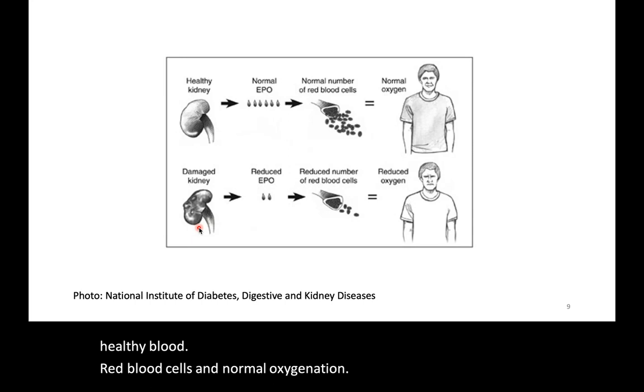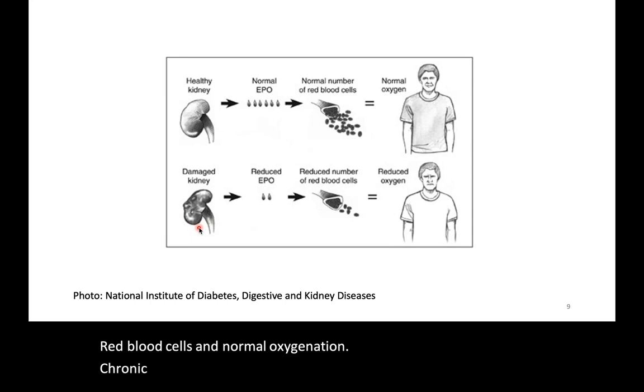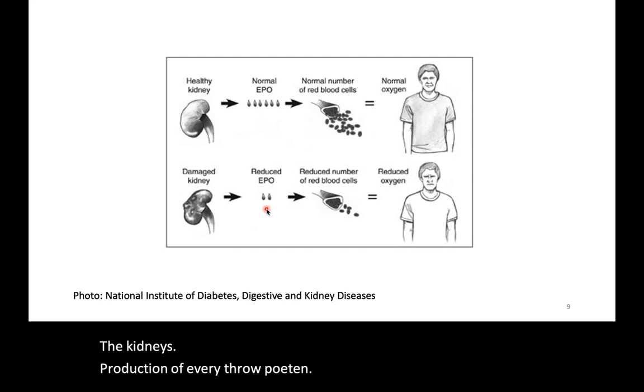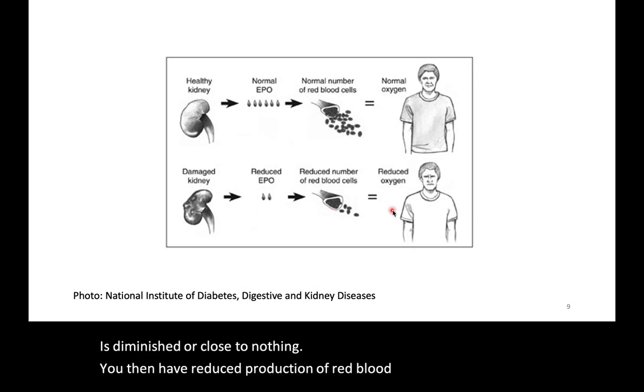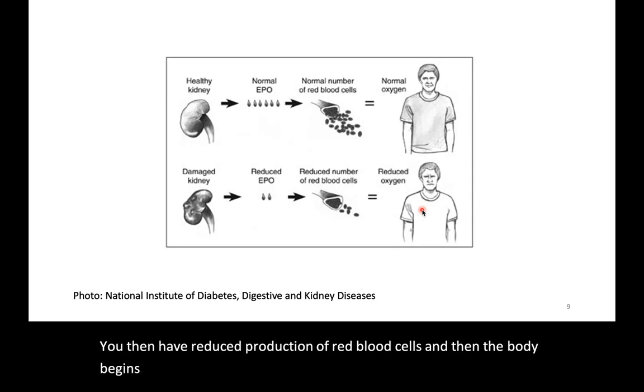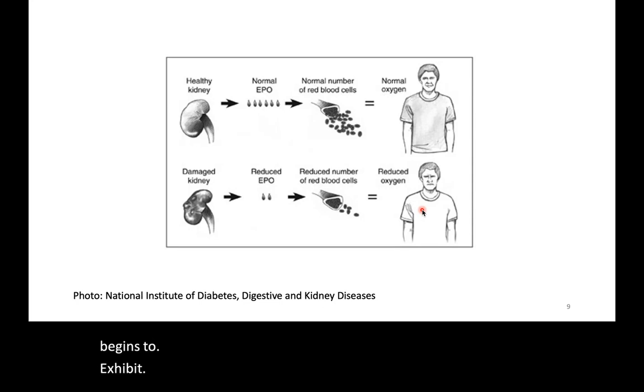In chronic kidney disease or renal failure, the kidneys' production of erythropoietin is diminished or close to nothing. You then have reduced production of red blood cells, and then the body begins to exhibit oxygenation problems.